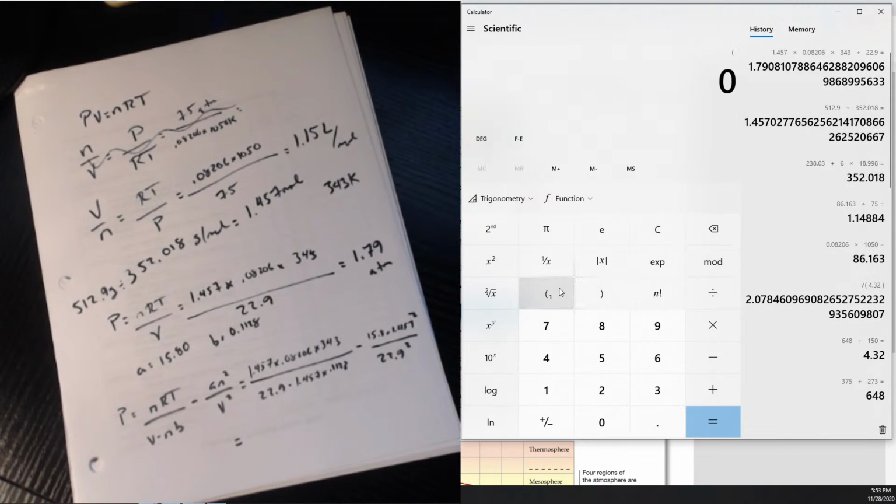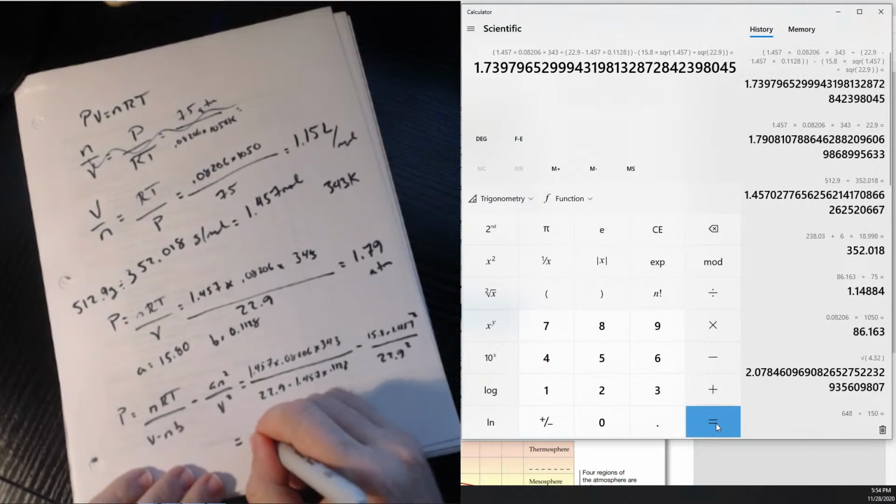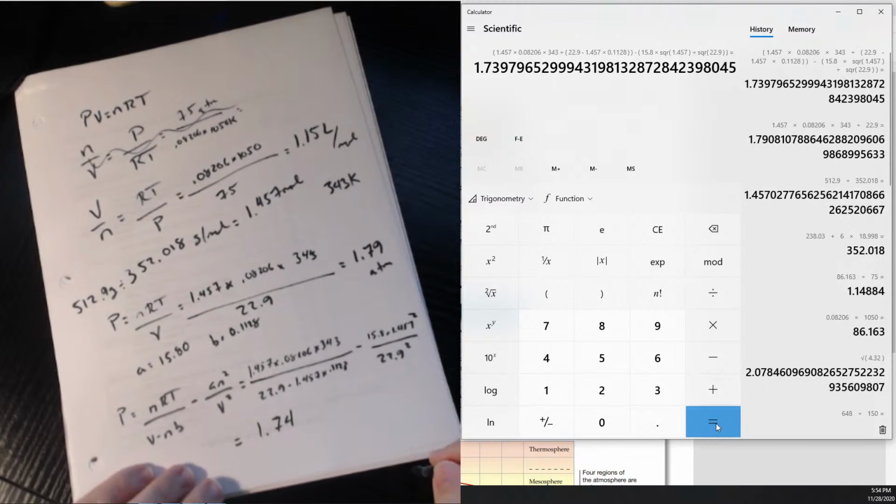Clear everything, and parentheses. 1.457 times 0.08206 times 343 divided by, parentheses, 22.9 minus 1.457 times 0.1128, close parentheses, minus, open parentheses, 15.8 times 1.457 squared divided by 22.9 squared, close parentheses, equals 1.74 atmospheres.